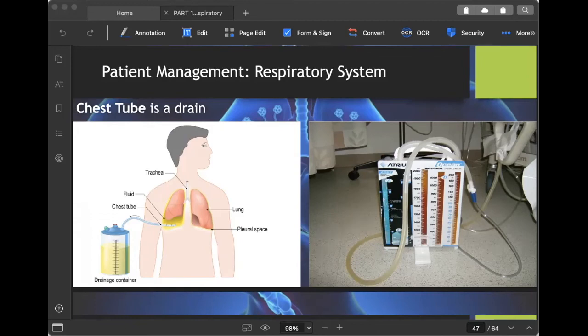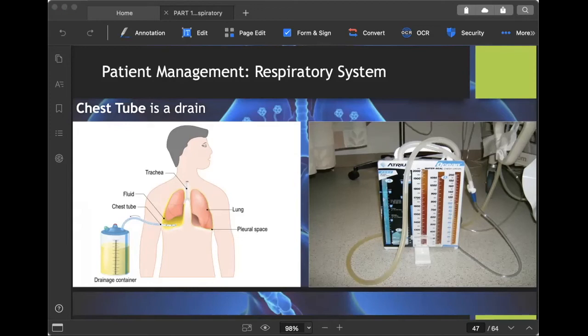After the client's lung has initially been expanded, there will be bubbling in the control bottle, the one connected to suction. If there are air leaks at the chest tube site, in the connections, in the bottles or stoppers in the closed drainage system, you must be very aware of those things.